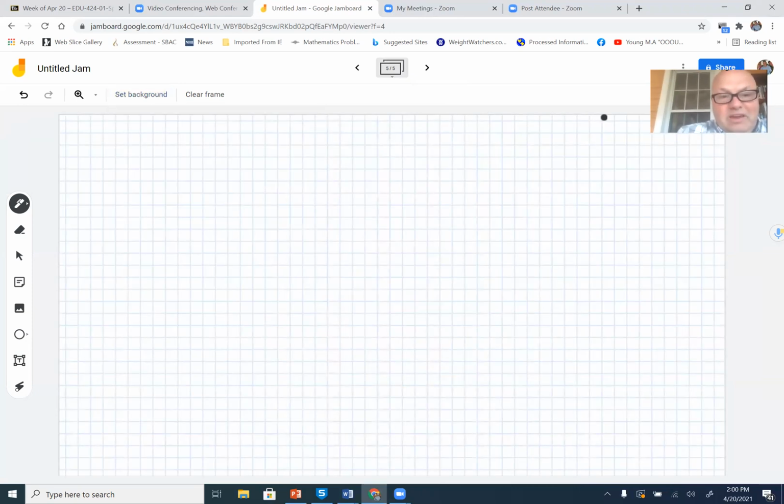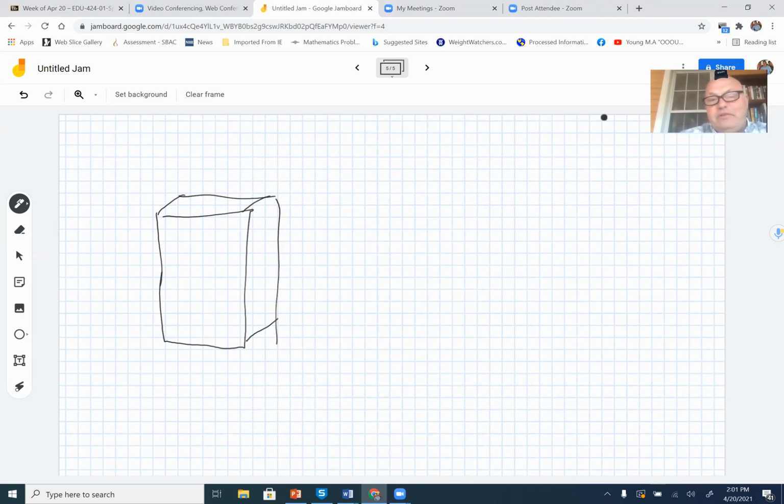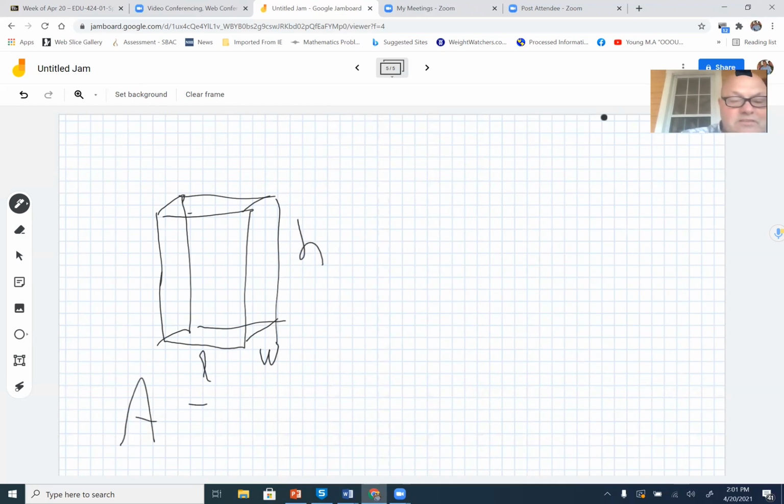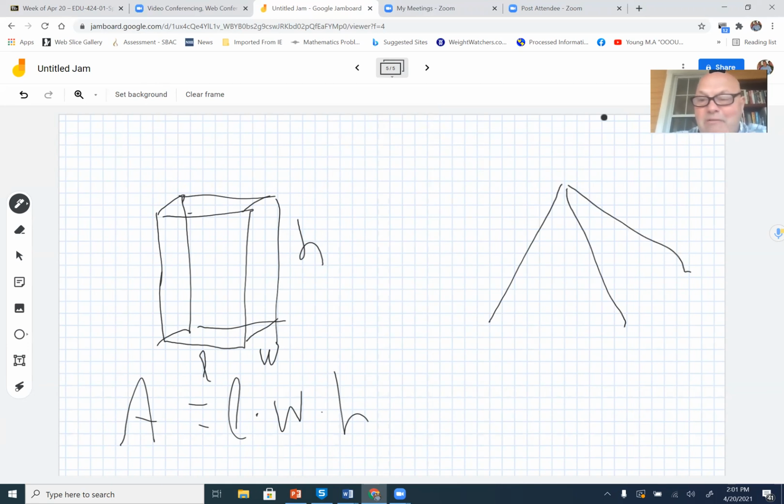So here we have a rectangular prism. You can do it like this. Okay, so you can see the depth. So here's length times width times height. So the volume of this is equal to length times width times height. Now, what happens if it comes to a point? Well, then it's a pyramid.